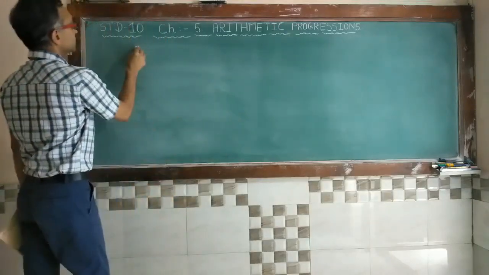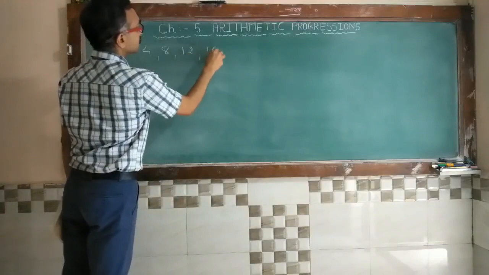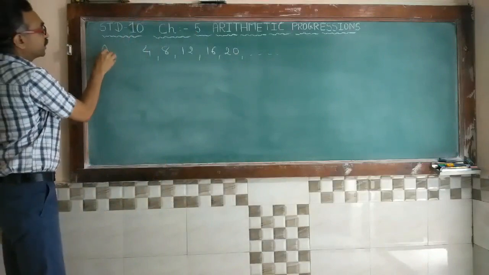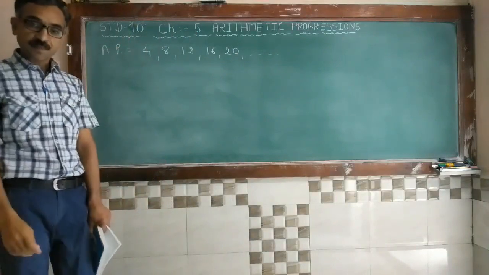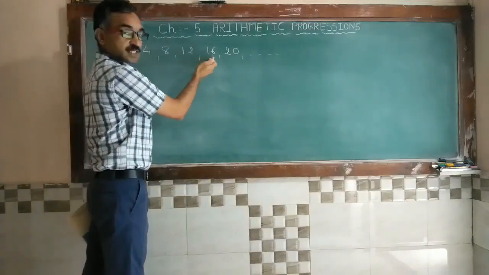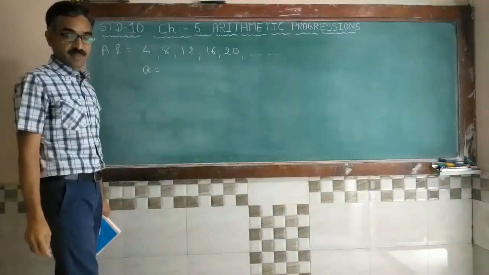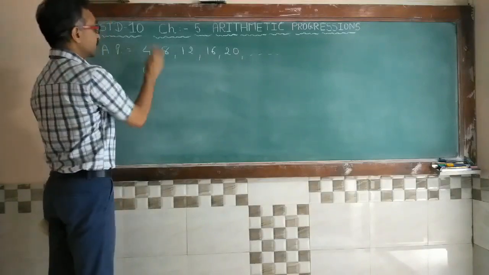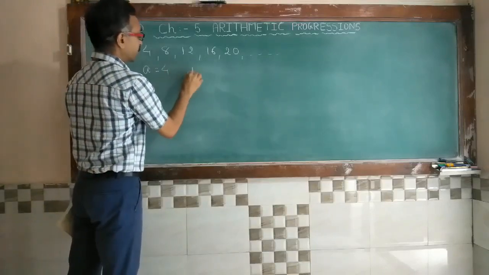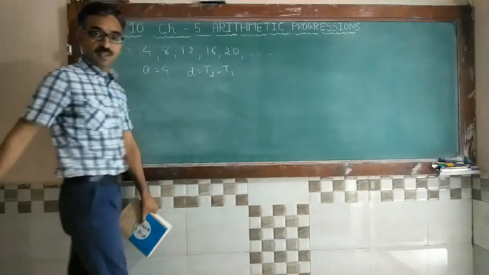Suppose this is your one AP. AP means arithmetic progression. Here the first term is 4, second one is 8, third 12, fourth 16, and so on. So here A is equal to the first term, or you can say T1, term 1, that is 4. Now see the common difference, that means T2 minus T1.